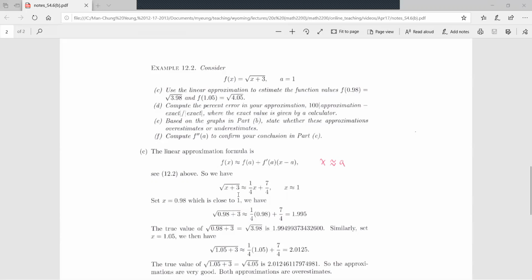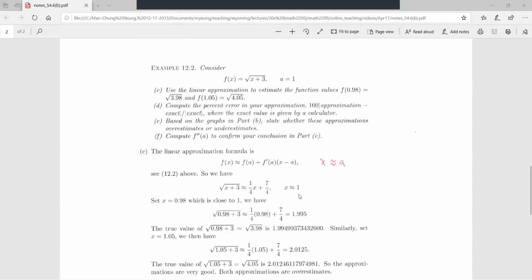So we get the linear approximation for the function in this example at the point a. The point a in this example is 1. So the linear approximation of this function at 1 is this. This approximation is good when x is close to 1.